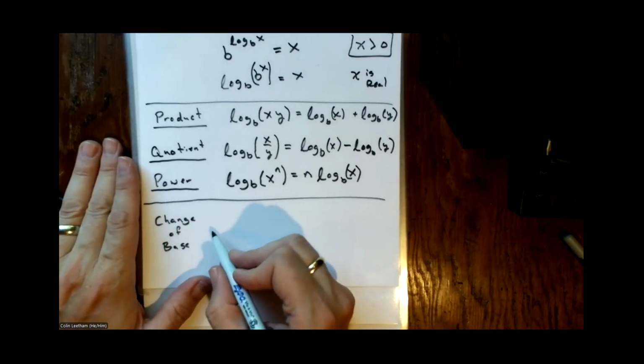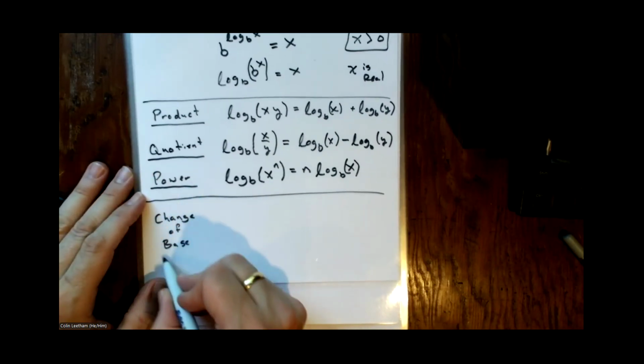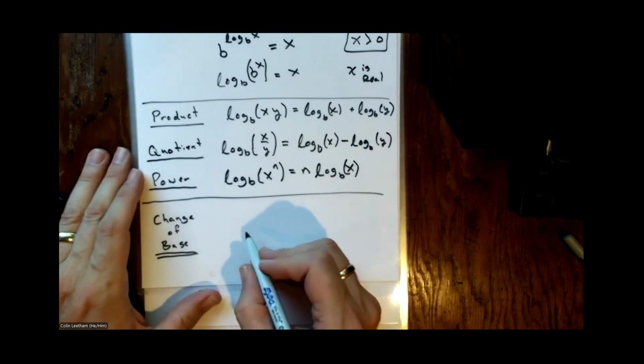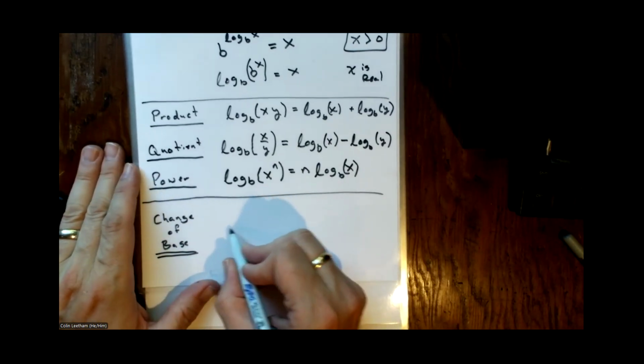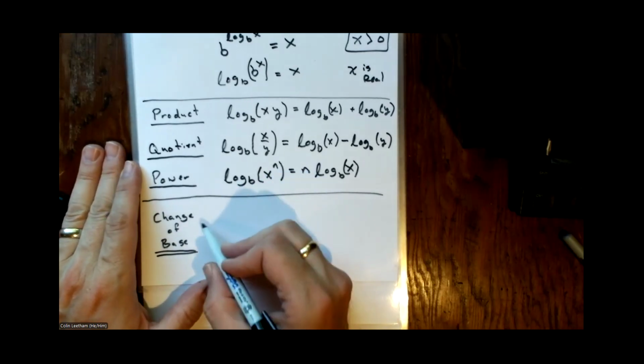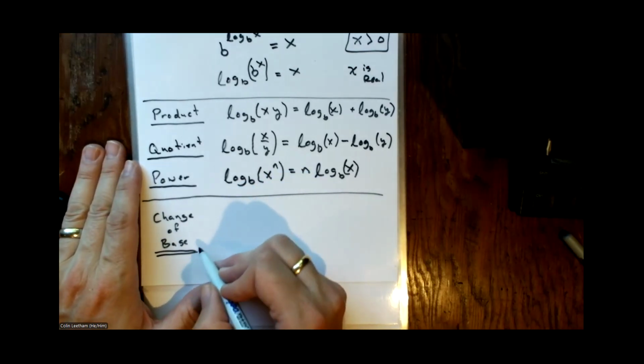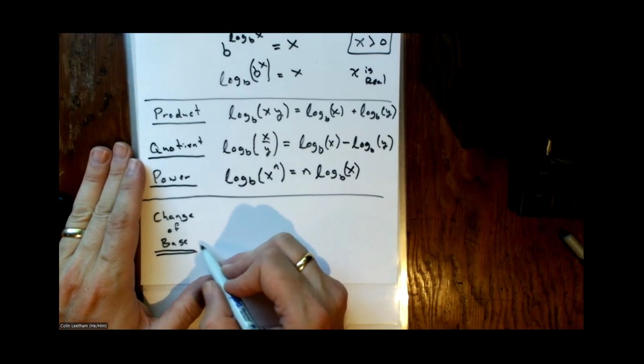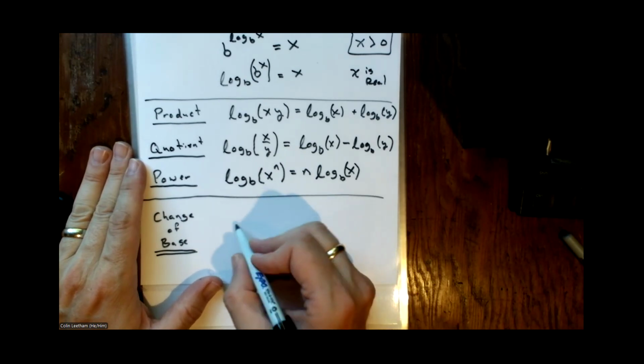With a change of base, I could rewrite a lot of things, and what I find myself using the change of base for most often is when I want to know how to evaluate something on my calculator.